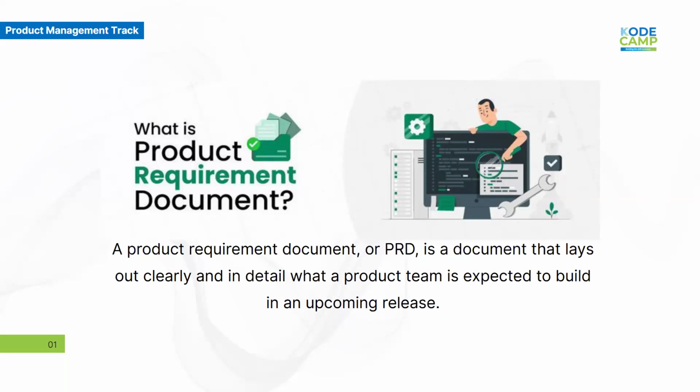Let's start from the top, right? A product requirement document, or PRD, is what I like to call the product manager's best friend, right? It is a document that lays out clearly and in detail what a product team is expected to build in an upcoming release, right? It is usually created before development starts.